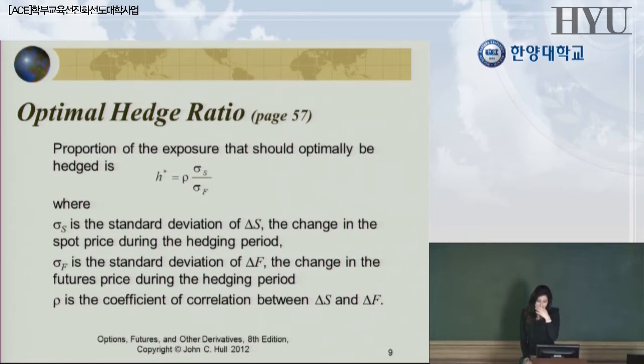After that, they give us the optimal hedge ratio. As we can see, there is a formula here. How to read that in French? The proportion of exposure that should optimally be hedged is, and then you can see the equation.